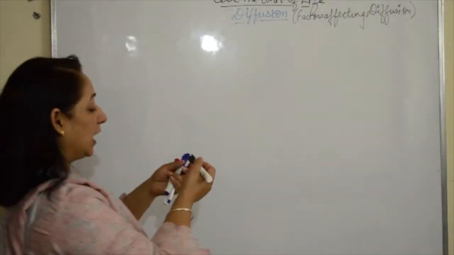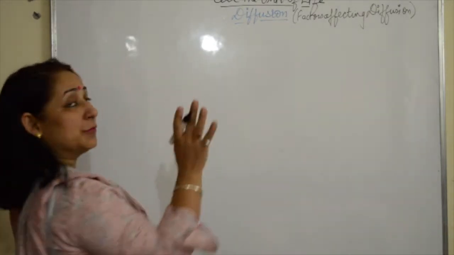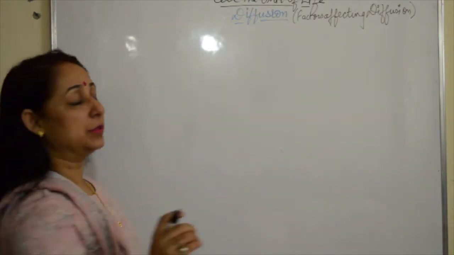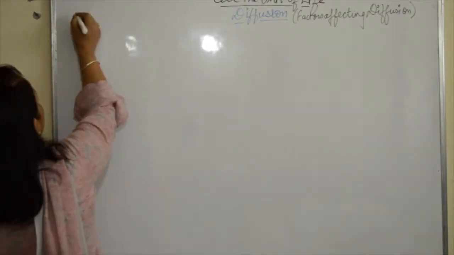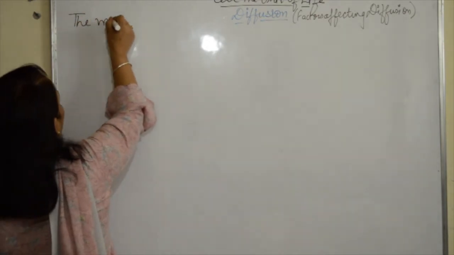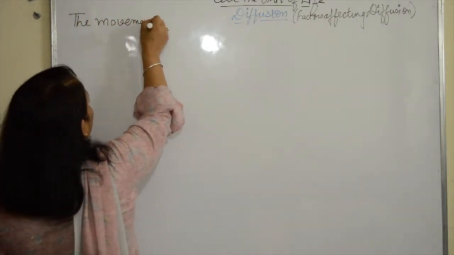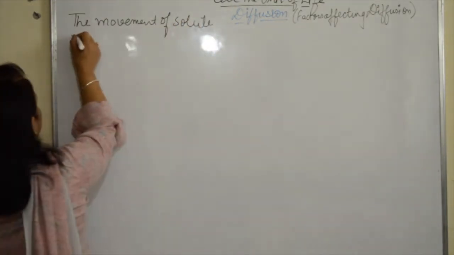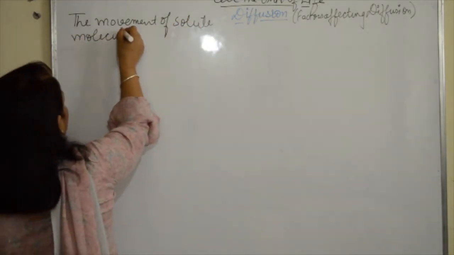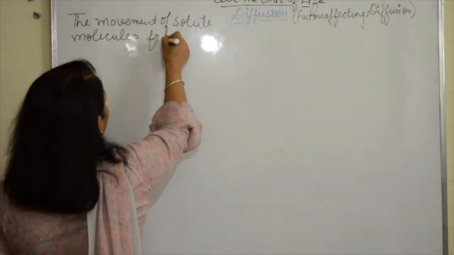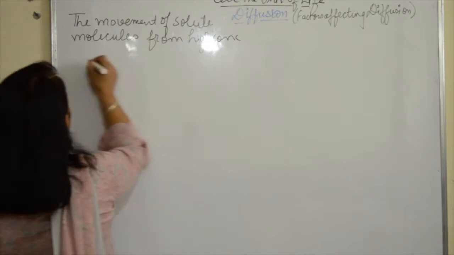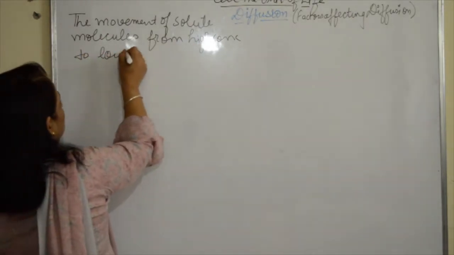Chalo, so we start now with diffusion. First of all, the definition. We'll understand what is the difference between osmosis and diffusion. Diffusion is the movement of solute molecules from high concentration to low concentration.